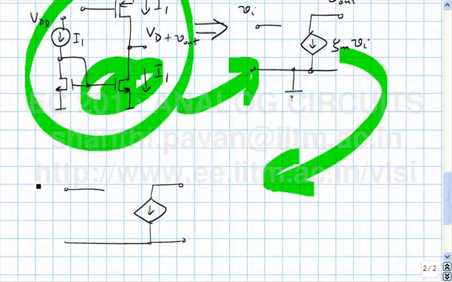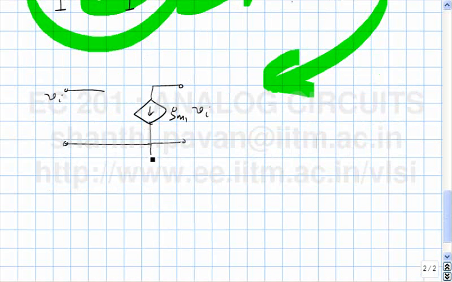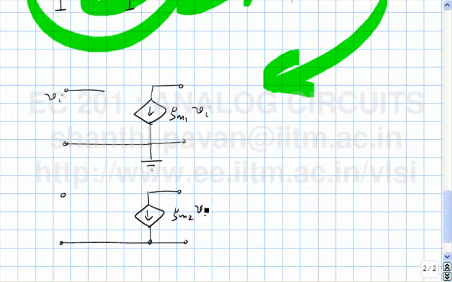I can simply redraw this as Vi, Gm1 times Vi. This is ground, and this is Gm2 times Vi.